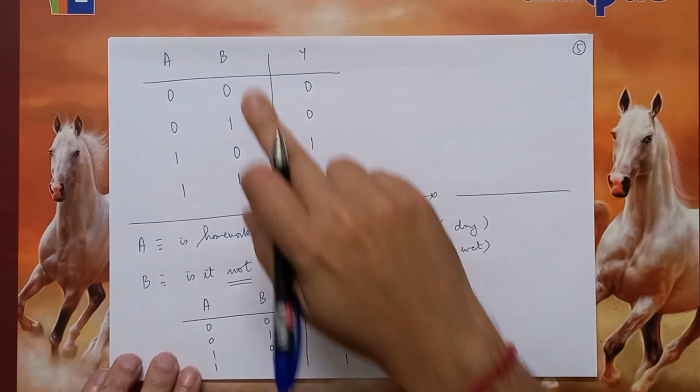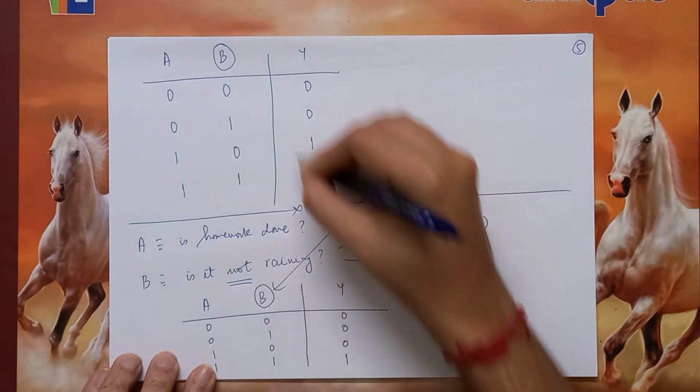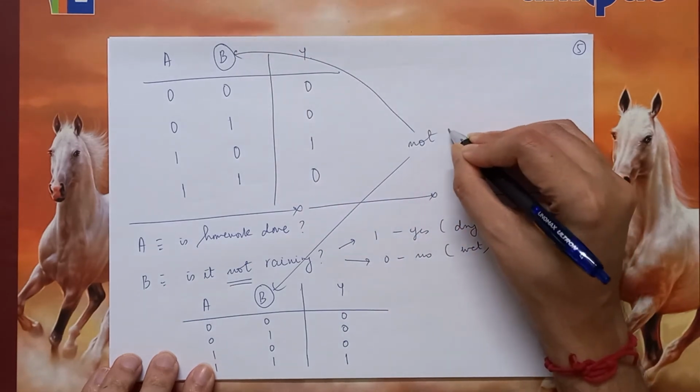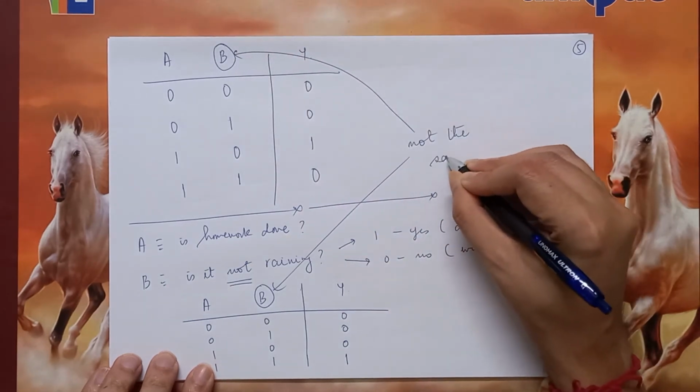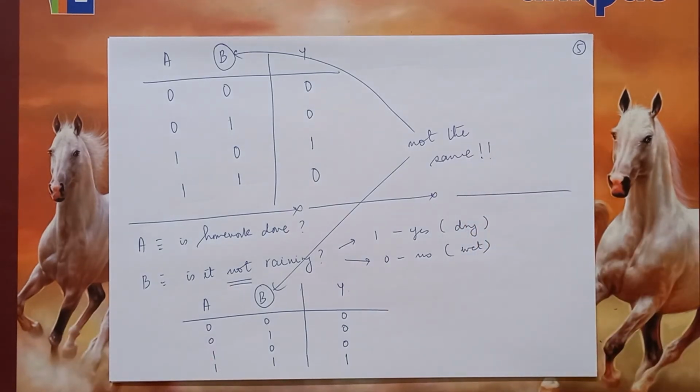But now what you notice is that the B in this case and B in this case are not the same. So then what is the relationship between these two?